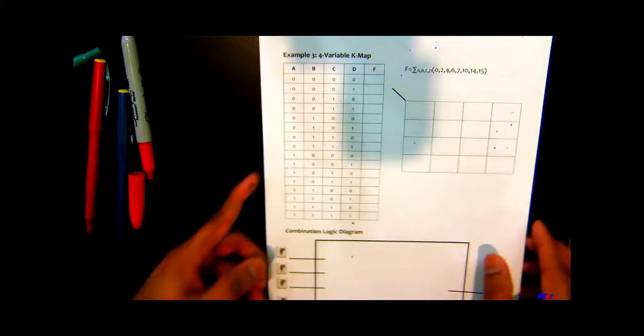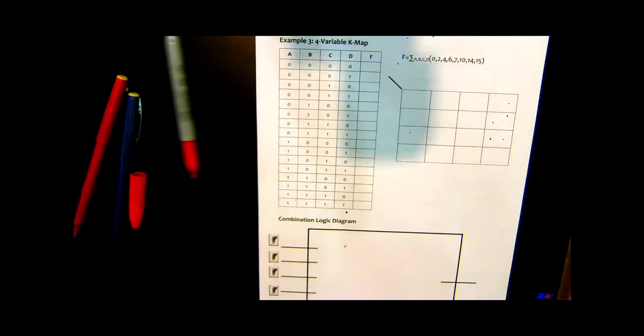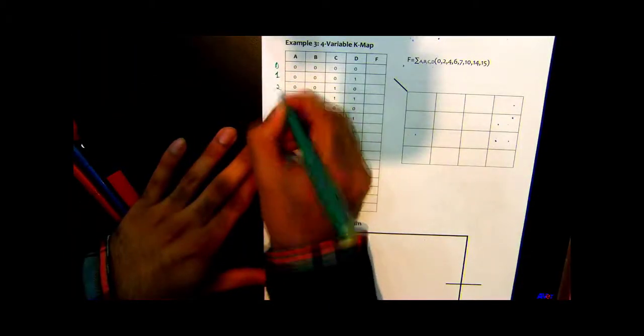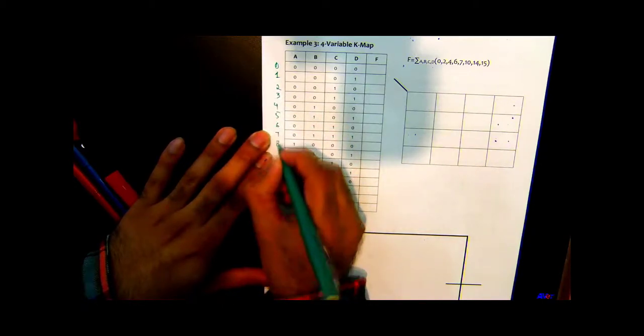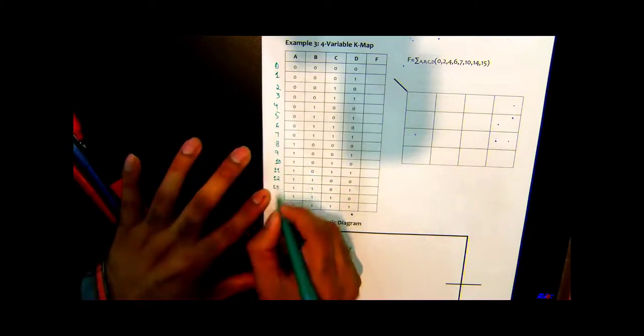Okay, it's a 4-variable kmap. The minterms are 0 1 2 3 4 5 6 7 8 9 10 11 12 13 14 and 15.